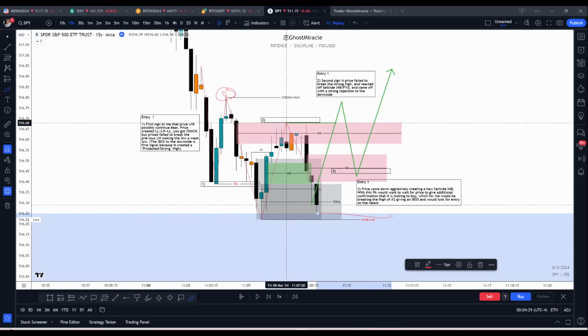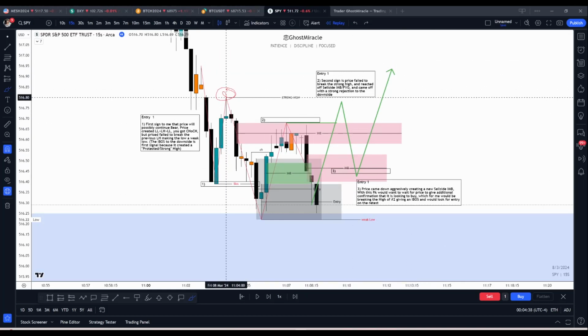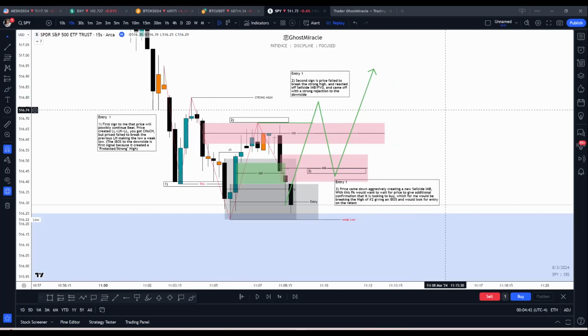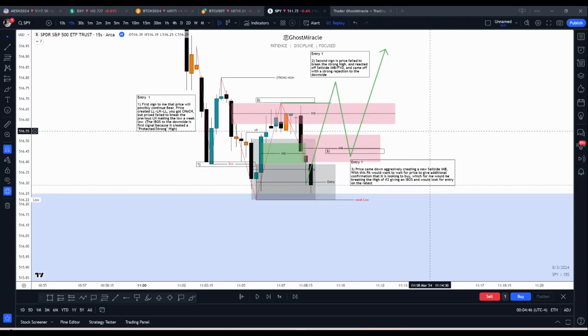This low will become strong based off of this break here to the upside. And then you can get your retest and take it back to the upside. That's how I would see, or at least be waiting for, the confirmed entry.